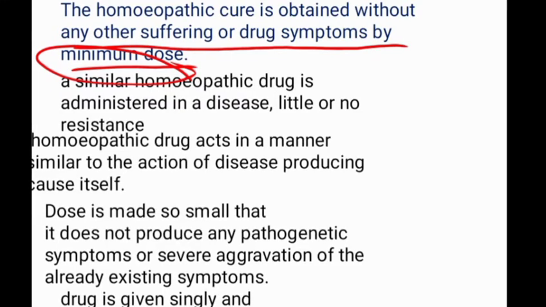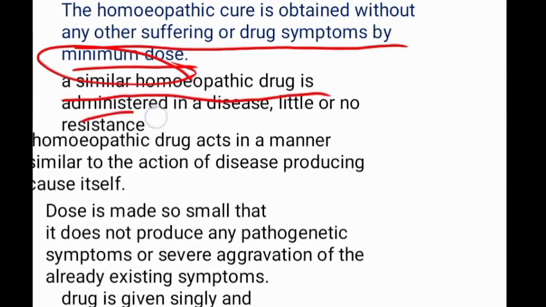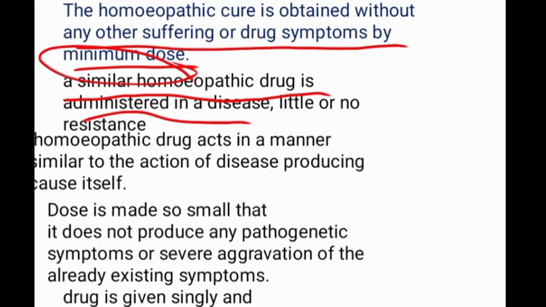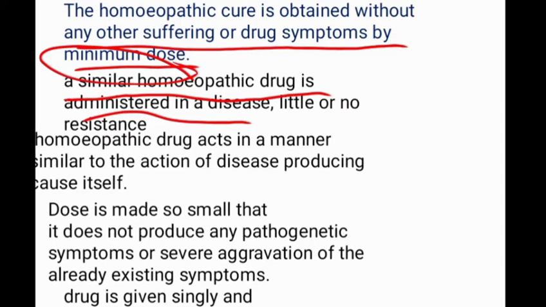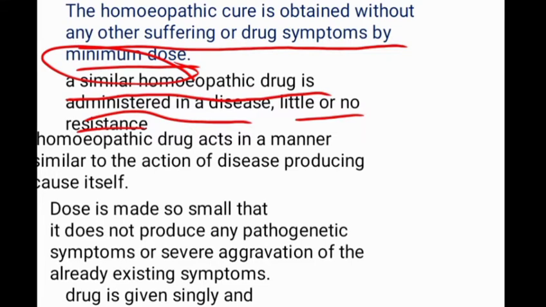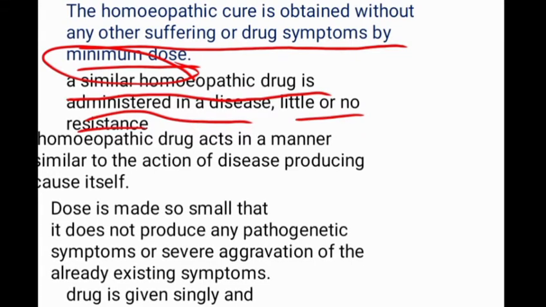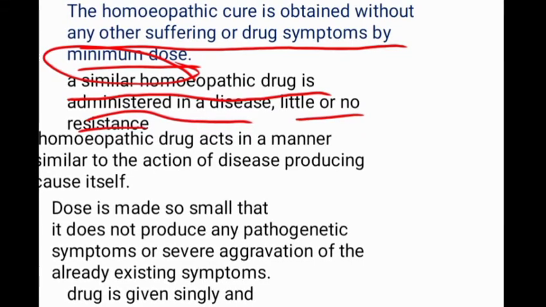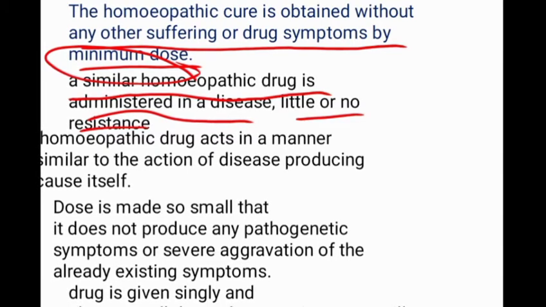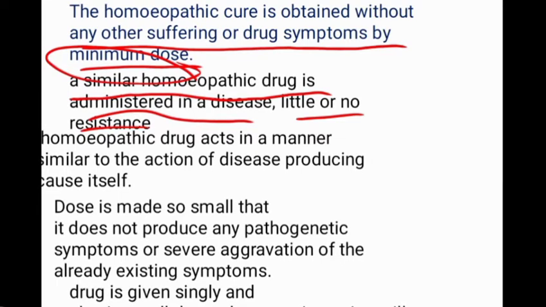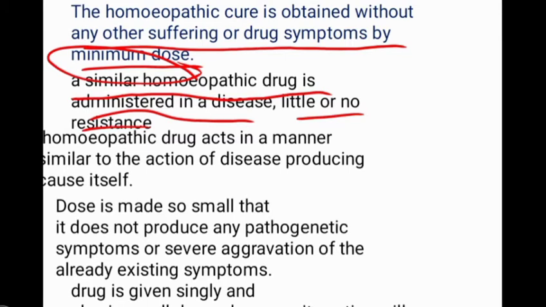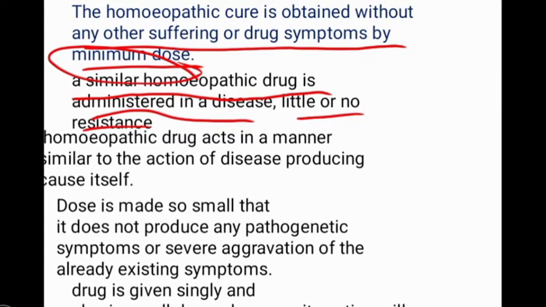A similar homeopathic drug is administered in a disease. Why do we use a similar homeopathic drug? Because it has little or no resistance upon the disease-causing pathogen or upon the body, and it does not produce any new symptoms of the disease, but removes the earlier symptoms which we want to remove.